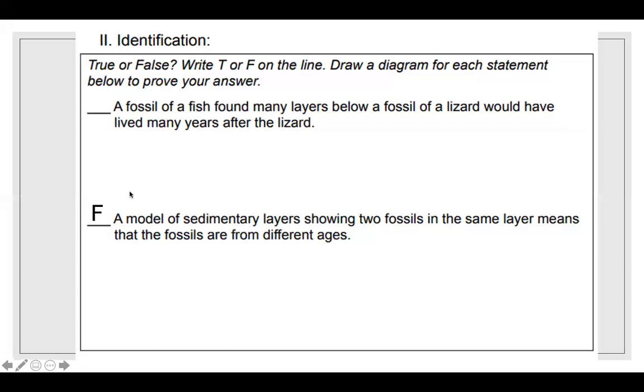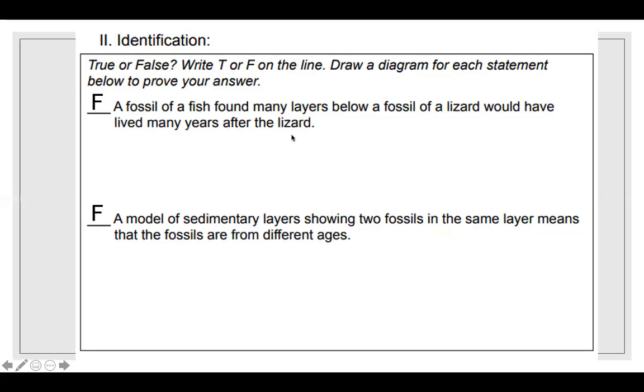Ooh. So a fossil of a fish found many layers below a fossil of a lizard would have lived many years after the lizard. So it's basically saying that this fish is below a fossil of a lizard, but it's saying that the fish is actually younger than the lizard.